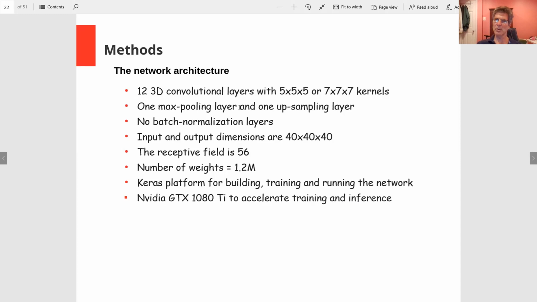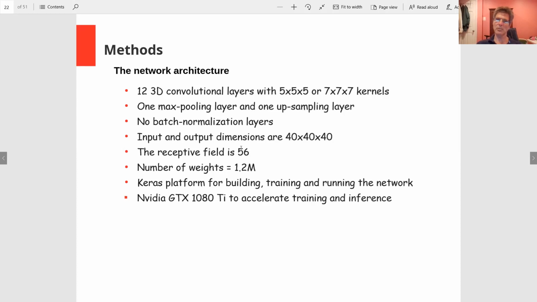you can get a big receptive field that way, larger than the receptive field gains that you'll get at the high resolution layers. And also why I use the 7 by 7 by 7 kernels at the low resolution layers. So input and output dimensions are 40 by 40 by 40.